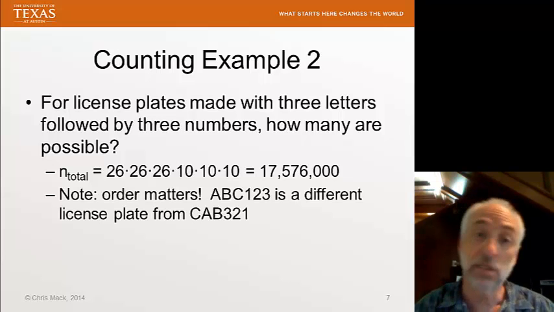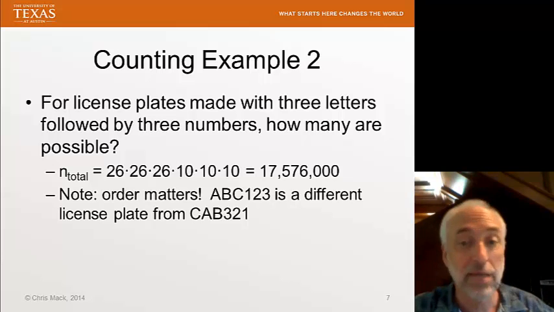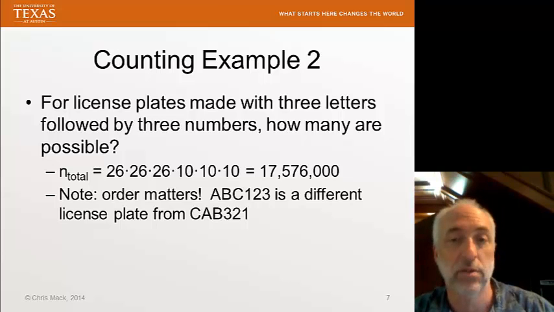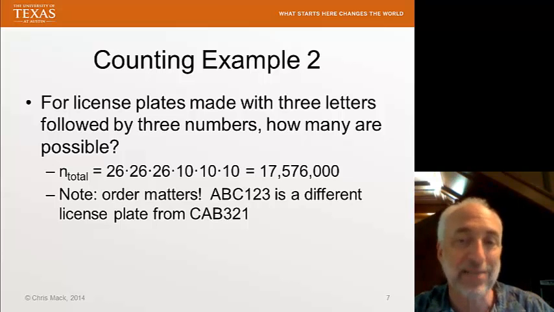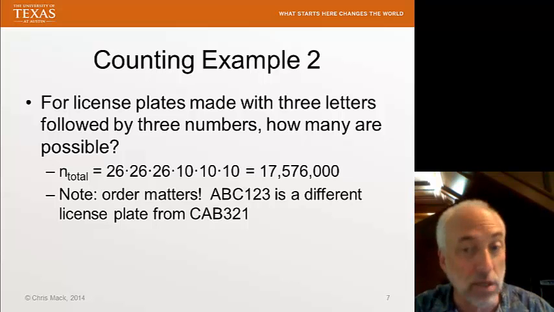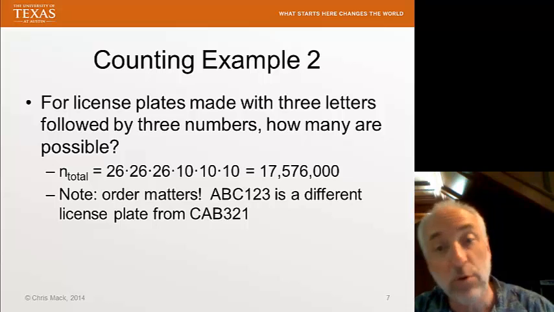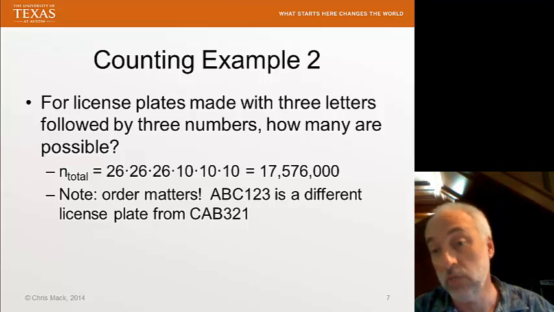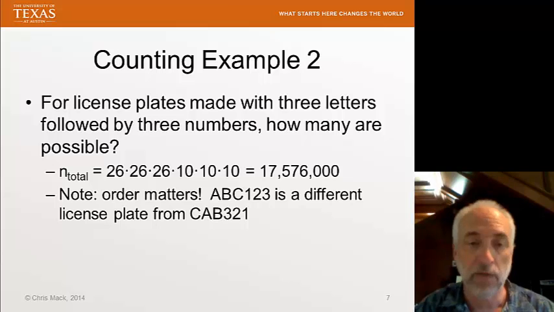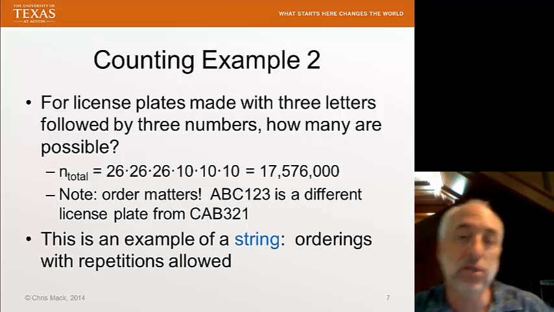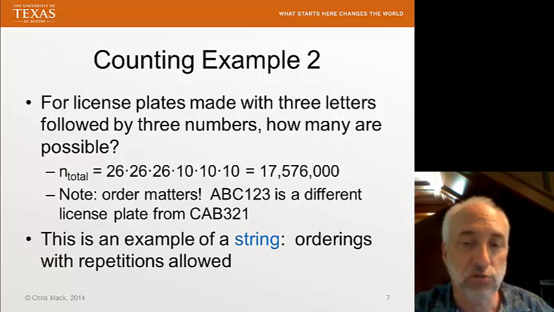Now note that in this counting example, order matters. A license plate ABC123 is not the same as a license plate CAB321. Order matters. If order didn't matter, I'd have to count differently, and we'll talk about that as well. When order matters, we have what is called a string.